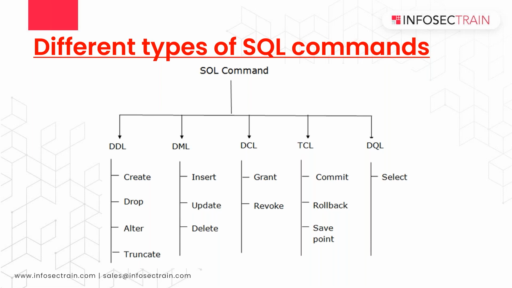If you're talking about the TCL, we are using it to handle the transactions, and transactions ensure data integrity, right? We use TCL commands for rollback and to commit the data modification in the databases. The most used TCL commands are commit, rollback, savepoint. We also have set transaction as well, right?